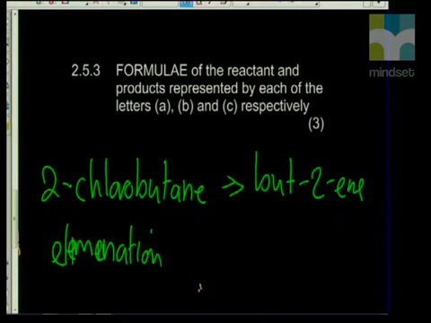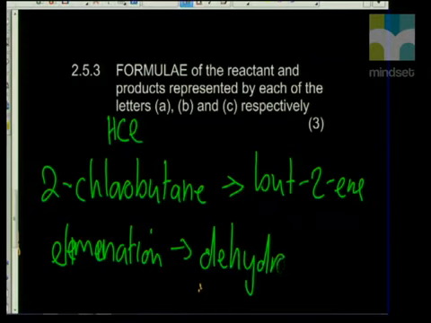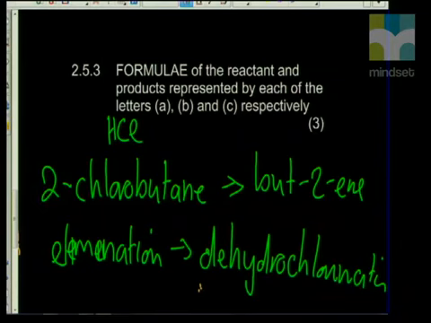But if we wanted to be specific, what's been eliminated? What we would say is that we've taken away HCl. And so we would say this is dehydrochlorination. Dehydrochlorination. Quite a mouthful, that one.